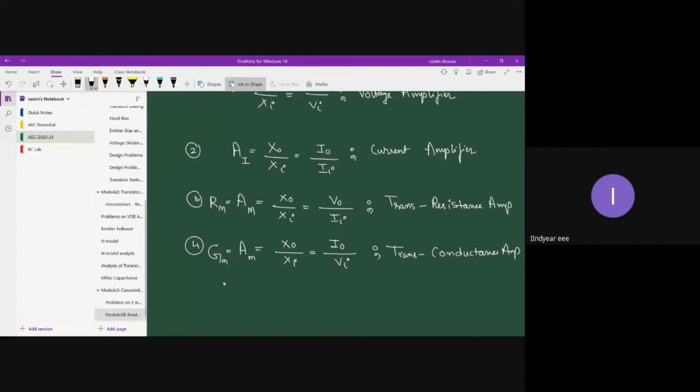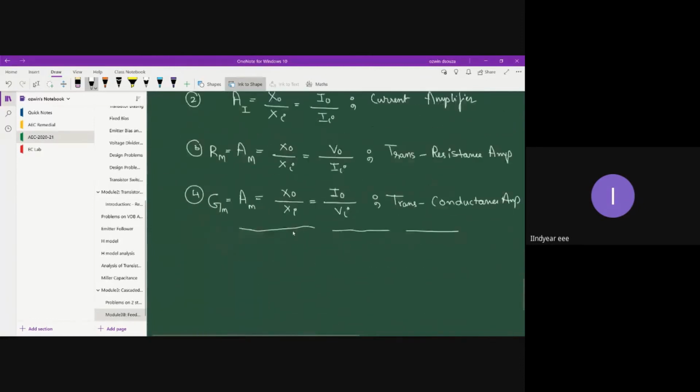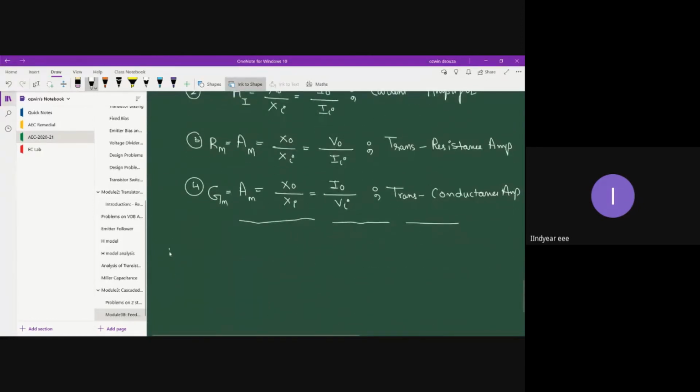The book says GM, so I'm taking GM. These are the four types of basic amplifier. Remember one thing: in feedback amplifiers, the amplifier block A need not be a voltage gain. It can be current gain, trans resistance, or trans conductance. All right, we are done with the basic amplifier block.